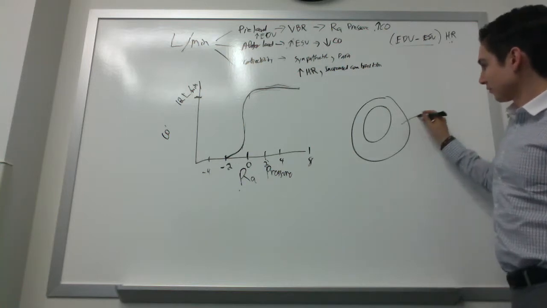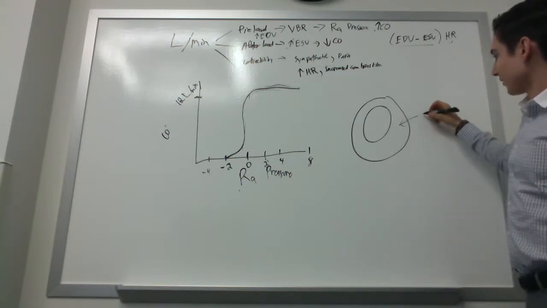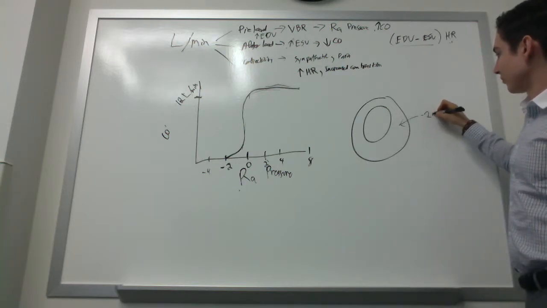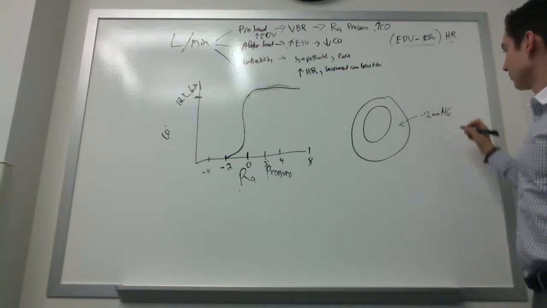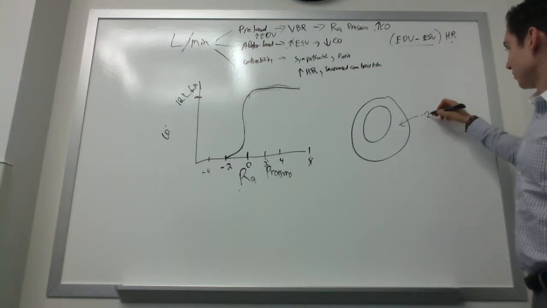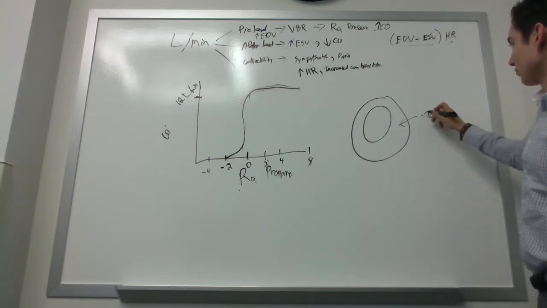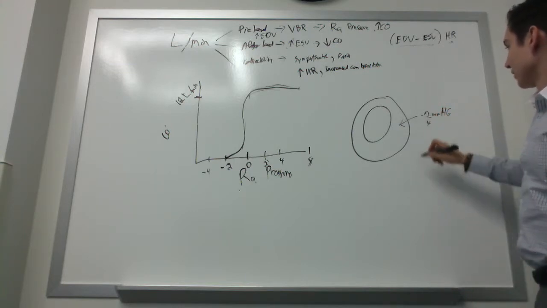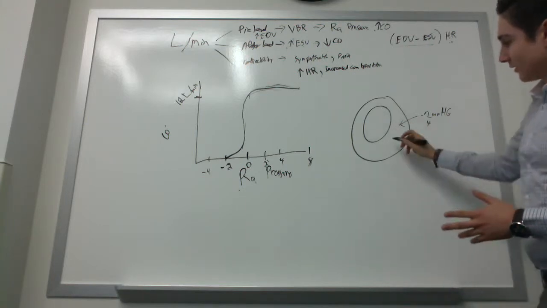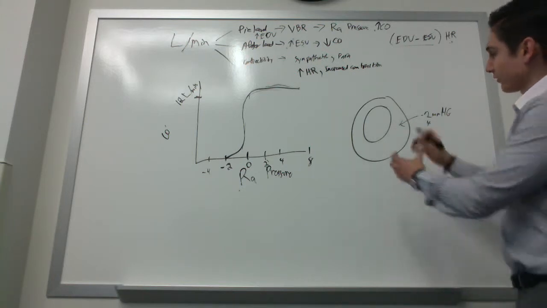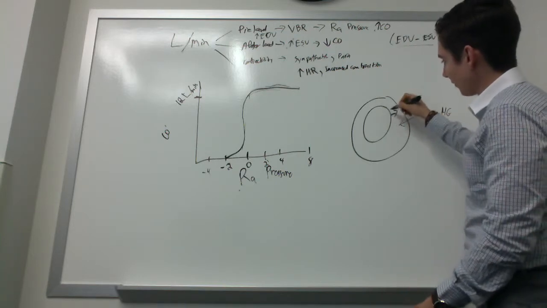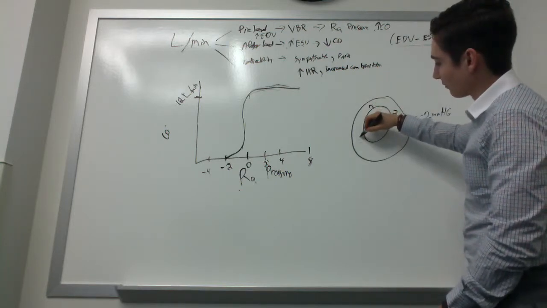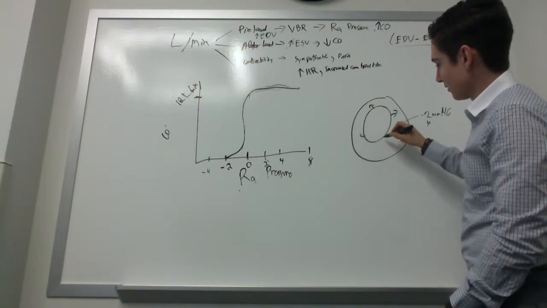This pleura is usually at about -2 millimeters of Hg. Or was it -4? Don't quote me on this. It might actually be -4. But it's a negative pressure, so it's subatmospheric. It's going to be pulling out on the heart, and so the heart wants to fill up with this pressure.